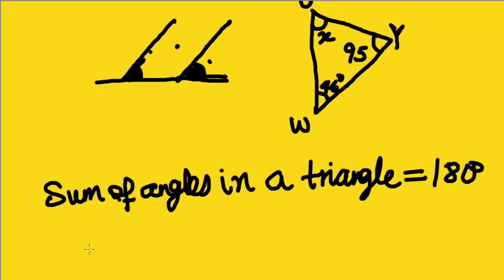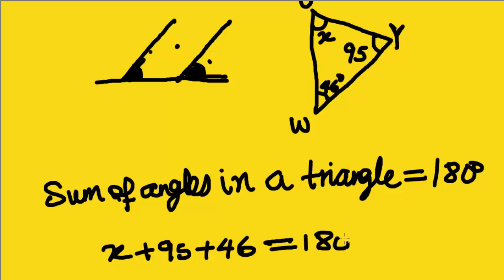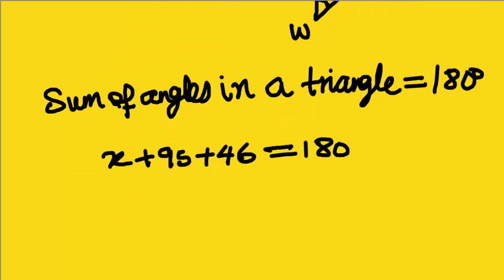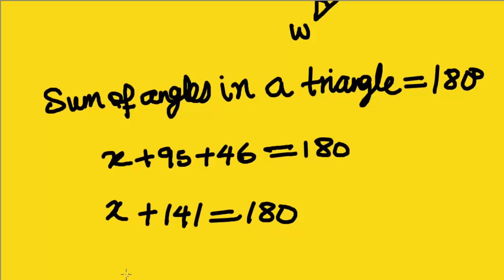So using that rule here, it means that in this triangle, X plus 95 plus 46 must be equal to 180 degrees. That means X plus 141 is equal to 180 degrees, since 95 plus 46 is 141.